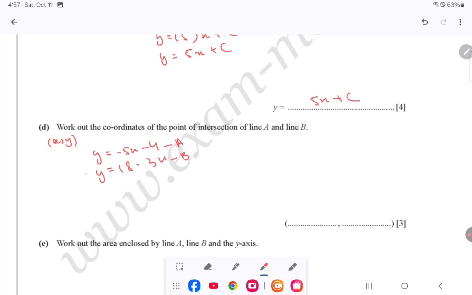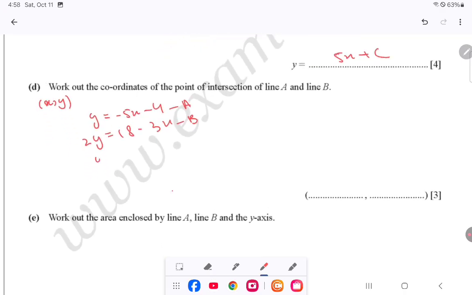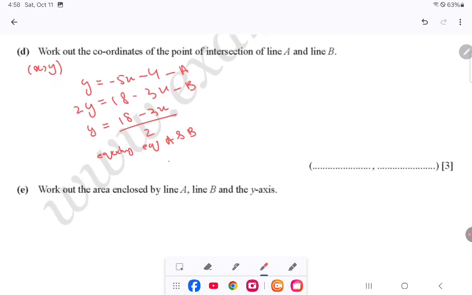If we arrange it further and divide both sides by 2, now equate equation A and B. Equating equation A and B: (18 minus 3x) over 2 will equal negative 5x minus 4.